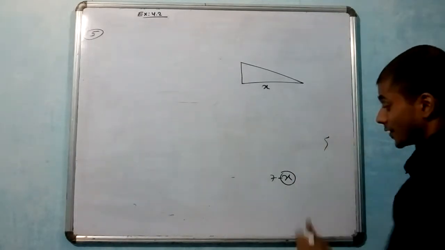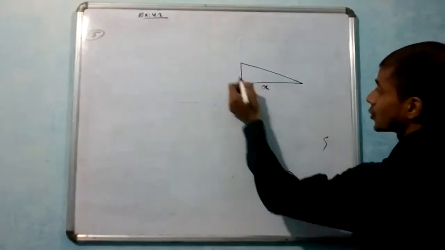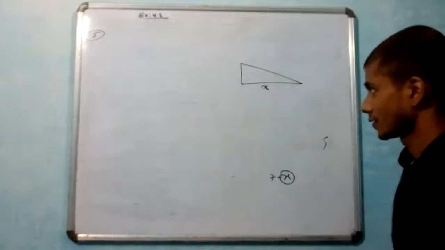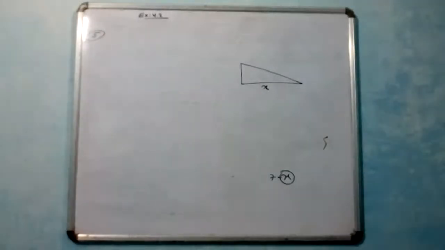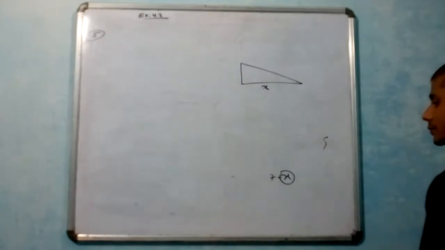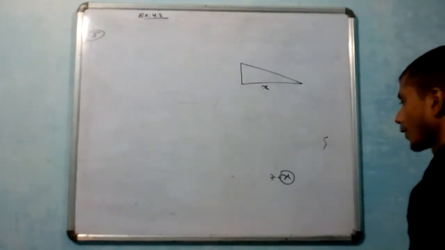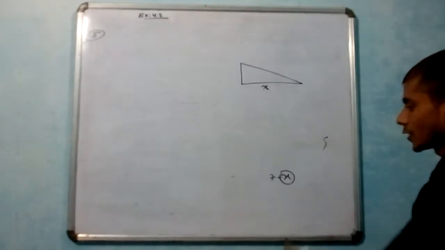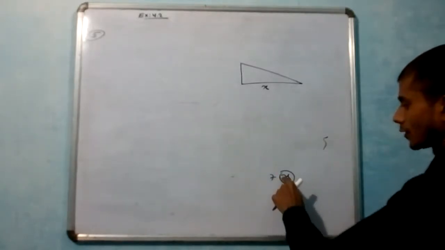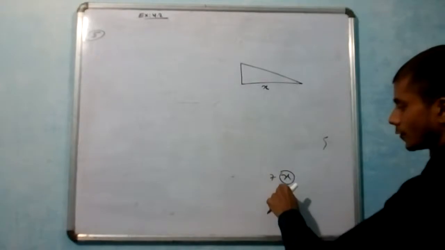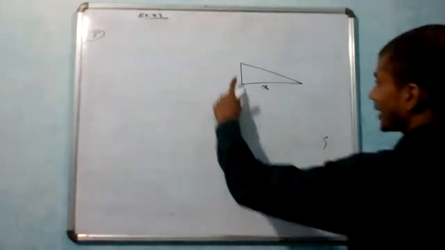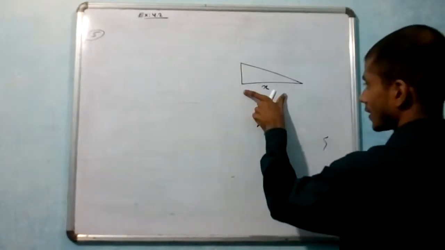See, the altitude is 7 centimeter lesser than the base. Think and say, x minus 7 or 7 minus x? That's why x minus 7. The altitude is 7 centimeter lesser than this value.